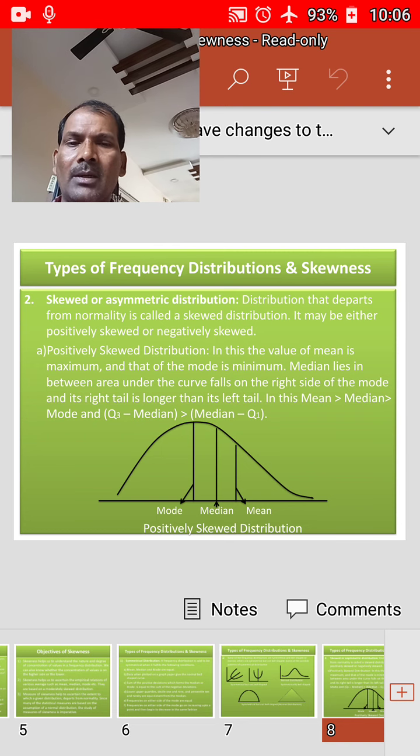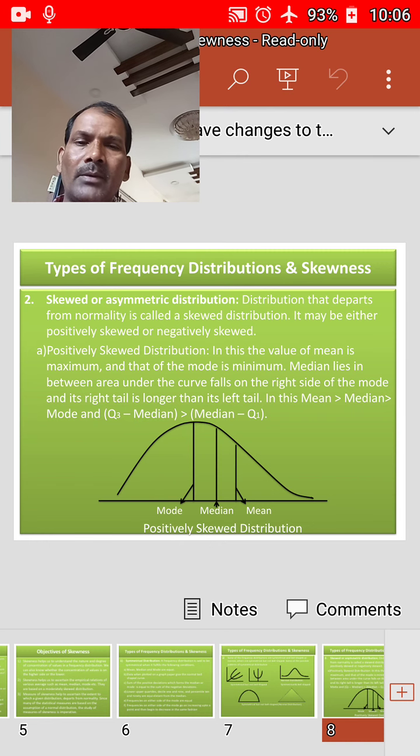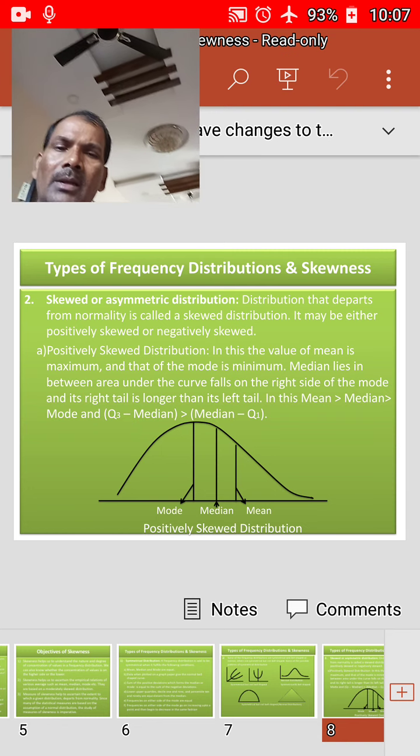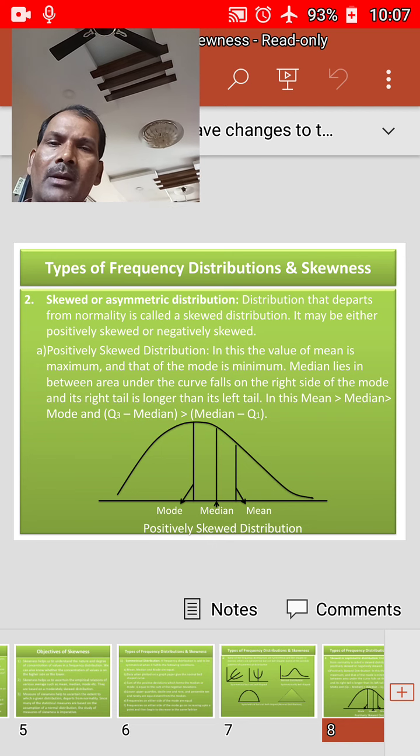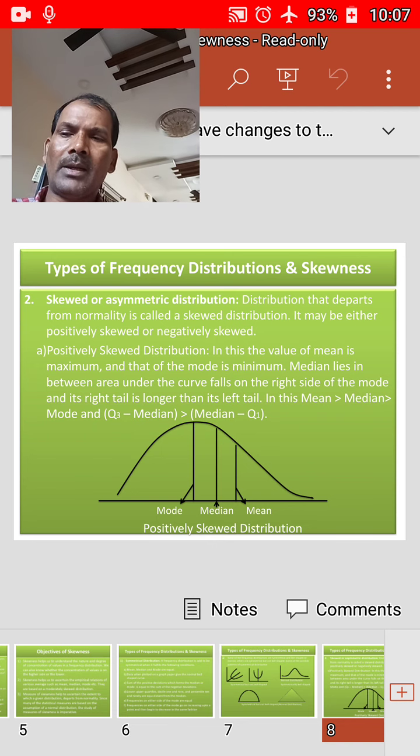If you see the PPT, you will come to know this. Mode is at the left extreme, and after the mode you will find a lot of area covered under the curve. And its right tail is longer than its left, right?